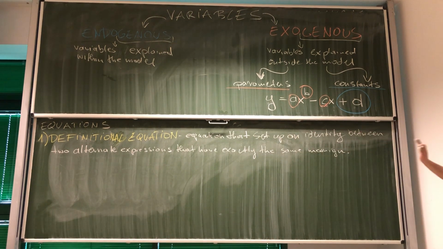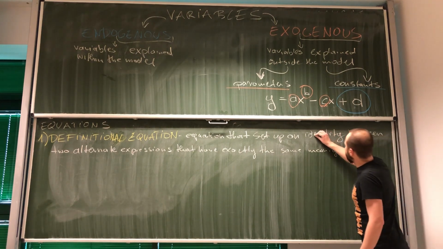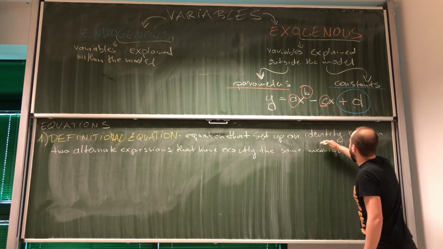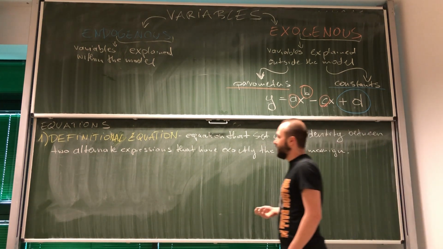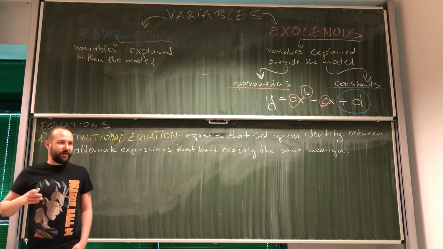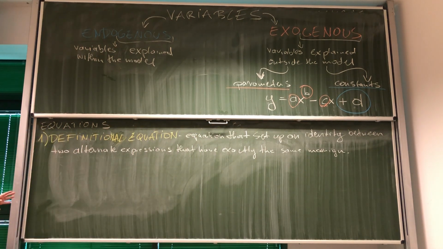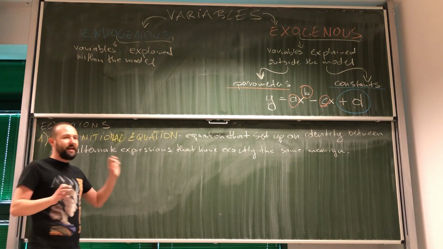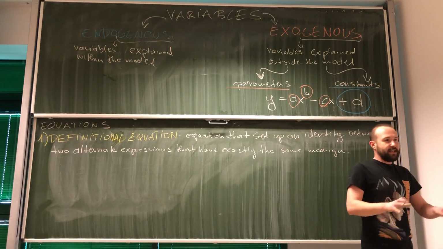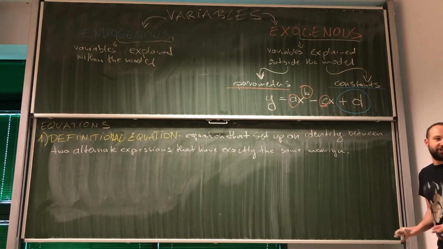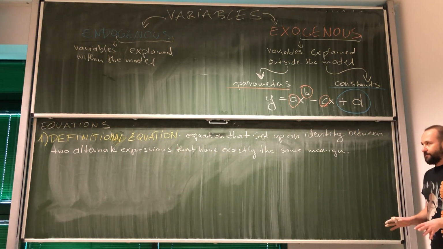Okay, I hope you remember also that we talked about identities and tautologies in case of logics, right? So, definitional equation basically is getting two different expressions and telling us those two expressions are equivalent.